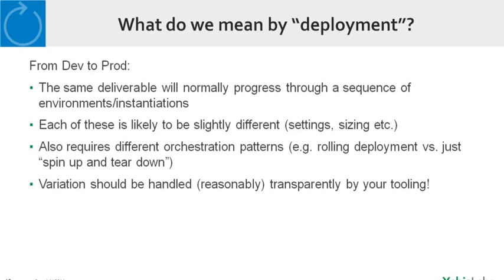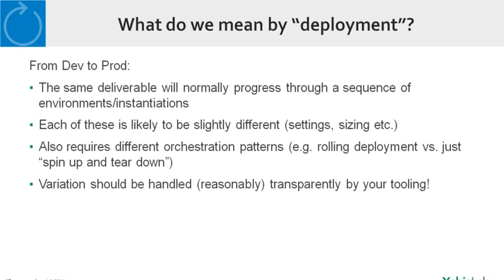So you will be taking this particular deliverable and instantiating it multiple times, or in other words, deploying it multiple times as it makes its way from development through to production. If you've got a full stack deliverable, you're not really deploying it to multiple environments, you're probably instantiating it multiple times. But the subsequent comments hold even for those models.